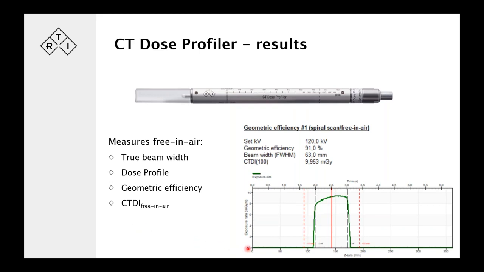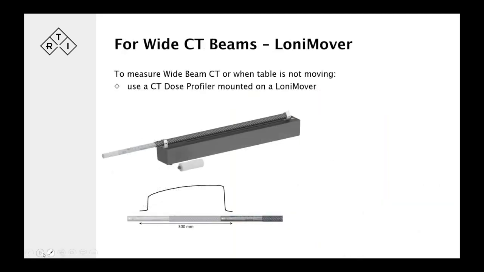Here it's also interesting that thanks to the sensitivity of the silicon chip we have inside here, the point dose detector, we can work out quite precisely how the dose profile looks and where the full width half maximum is, with a high degree of repeatability.